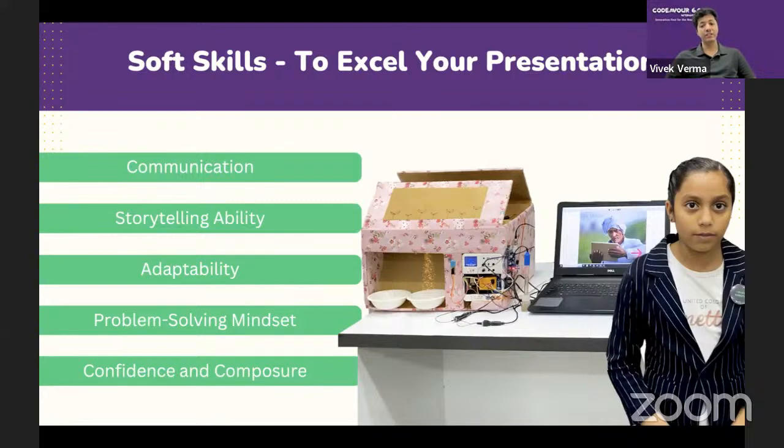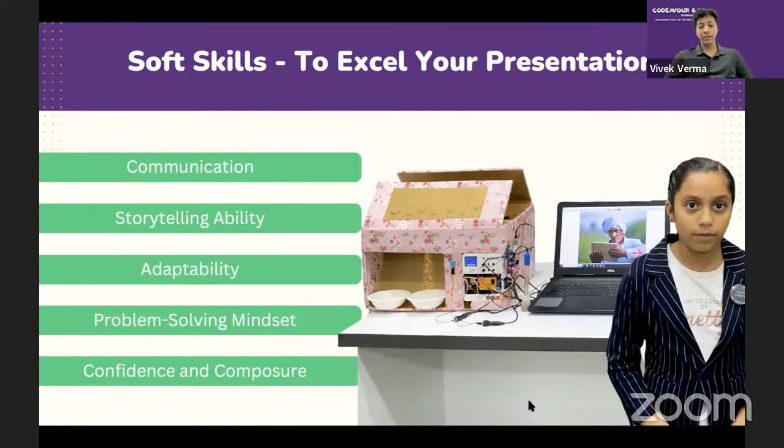And of course, if anything unexpected happens, you have to have the confidence to feel that it's okay. There's nothing wrong if I'm fumbling or if I'm not able to communicate this properly. Let me open up my mind, let me check how exactly I can clearly communicate this to the judge. Don't panic. So these are the top five soft skills that you can use.